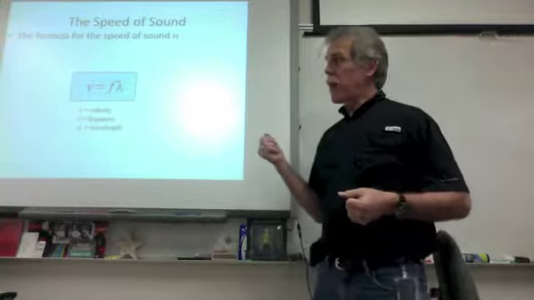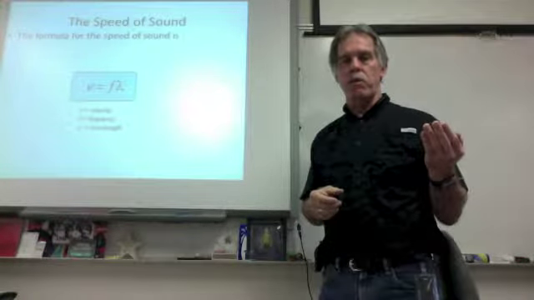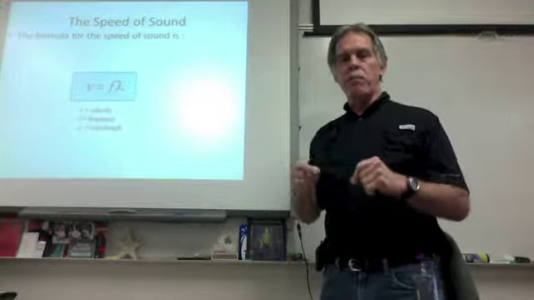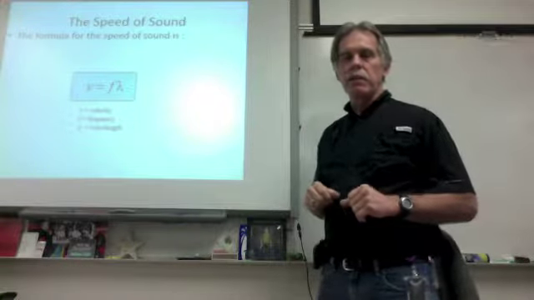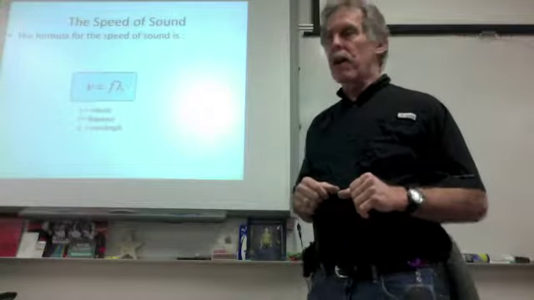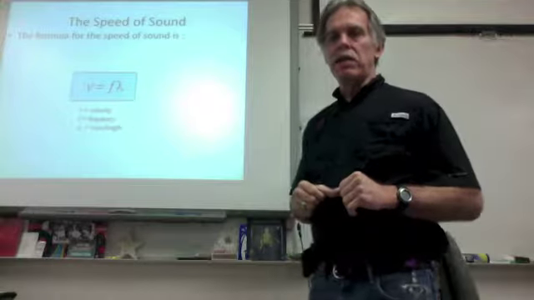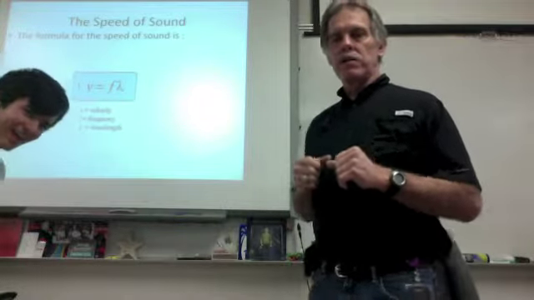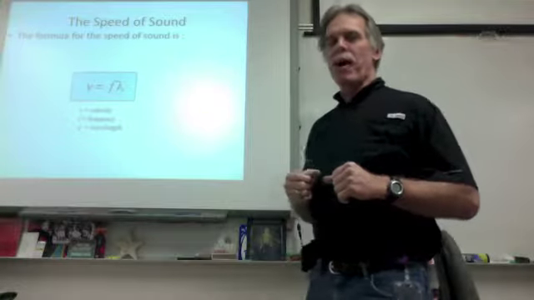Well, I'm giving you the formulas on these tests, so you have a place to look for the formulas. When you have a problem, circle the parts that it's giving you, and in this case we've got velocity, frequency, and wavelength. You circle the items that you have in the problem.